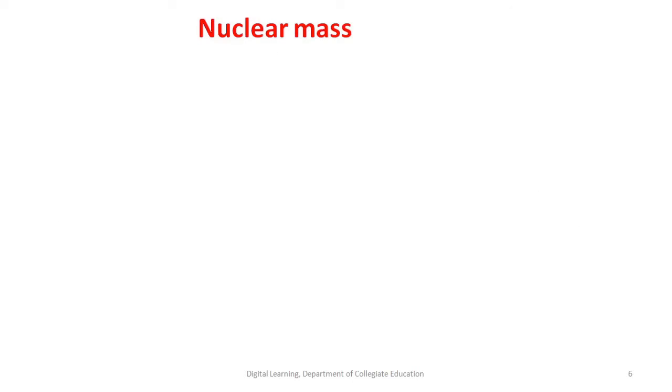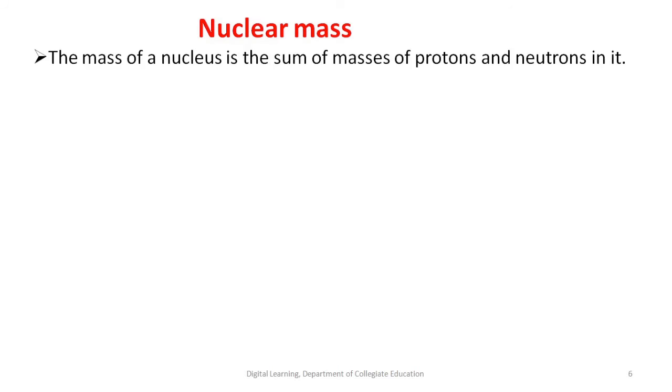Next we'll move on to nuclear mass. The mass of the nucleus is the sum of the masses of protons as well as neutrons present in the nucleus. We know that the nucleus contains both protons and neutrons, and both have mass.